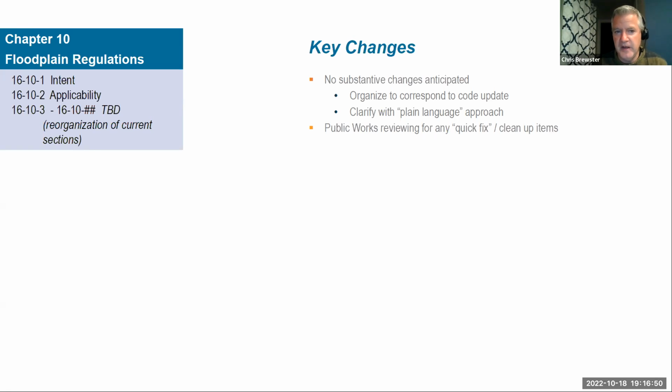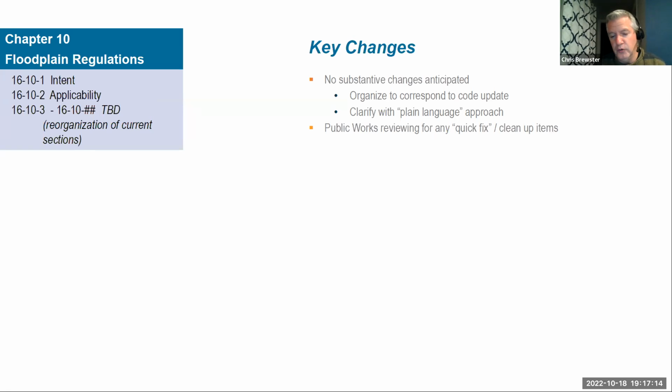We don't anticipate any substantive changes to that section. Public Works is reviewing it for things that they think need to be cleaned up and take the opportunity in this effort. But essentially what we plan on doing is just reorganizing the current floodplain standards to match the new revised format of the code, and maybe simplify some of the wording here and there when we can to make it work better.